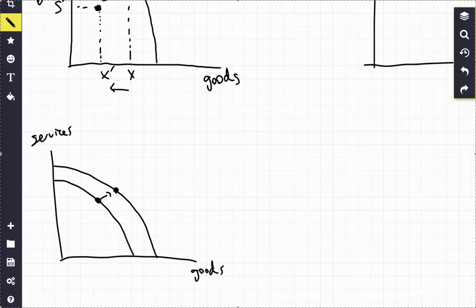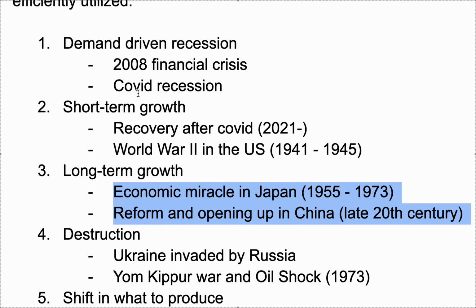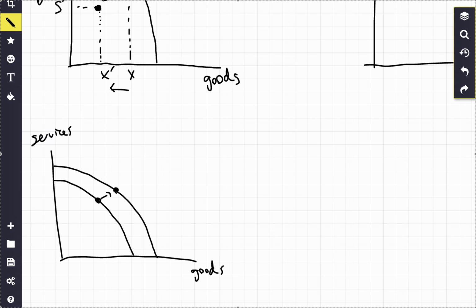And we also have an example in China. When Deng Xiaoping became powerful in Chinese politics, he adopted some policies called reform and opening up in China. The government basically encouraged a lot of investment, both domestically and from foreign firms.